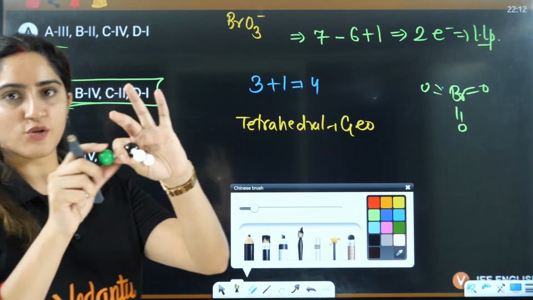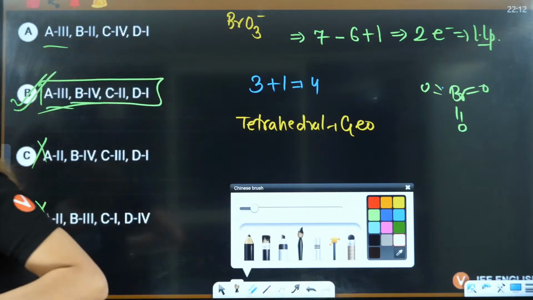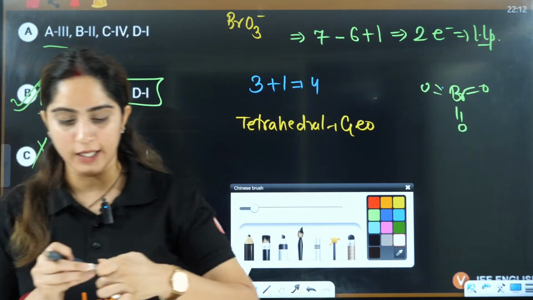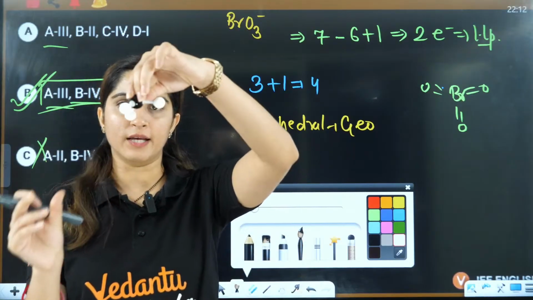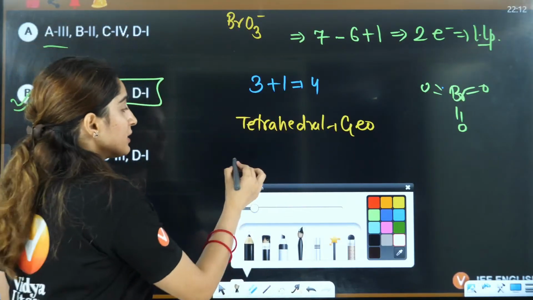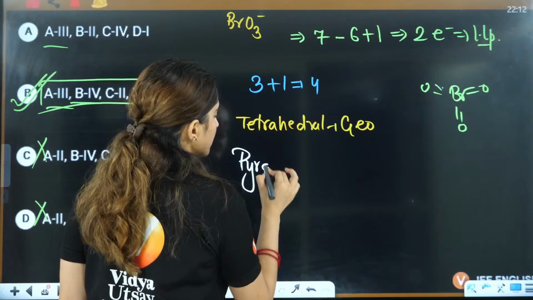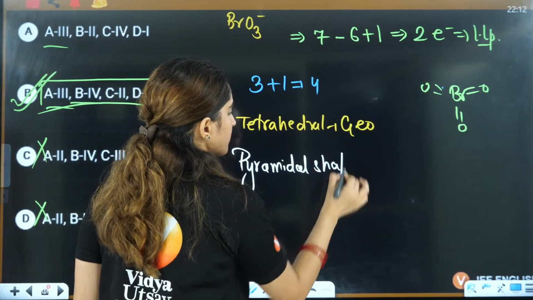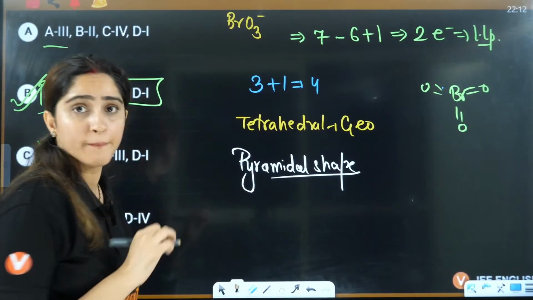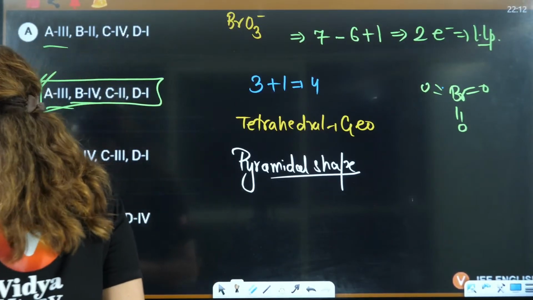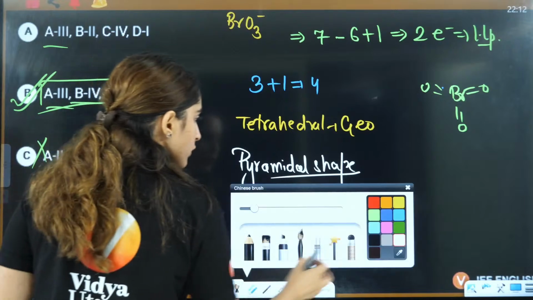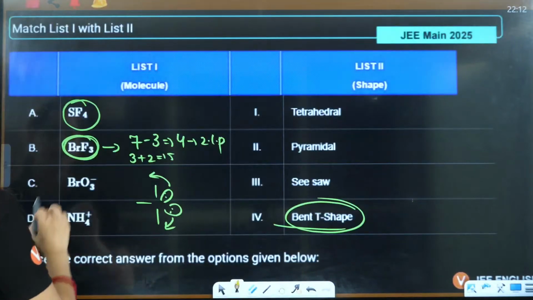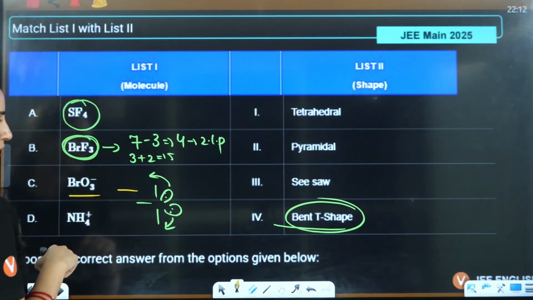If this is also the bond pair only, that is a pyramidal geometry, isn't it? So pyramidal shape, so answer will be pyramidal shape. Okay, so that's how you will have pyramidal shape here, right? BrO3 negative, that's how it is a pyramidal shape, right?